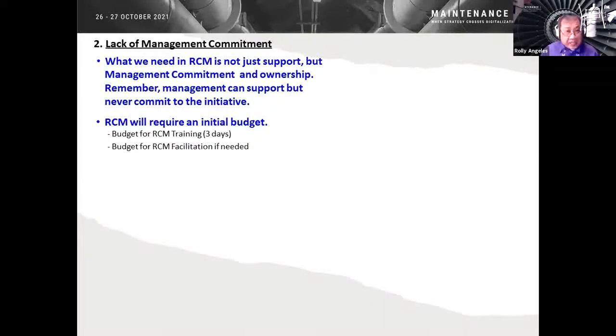So I believe the facilitation is a bit more expensive than the training. So it depends on how large your asset is.